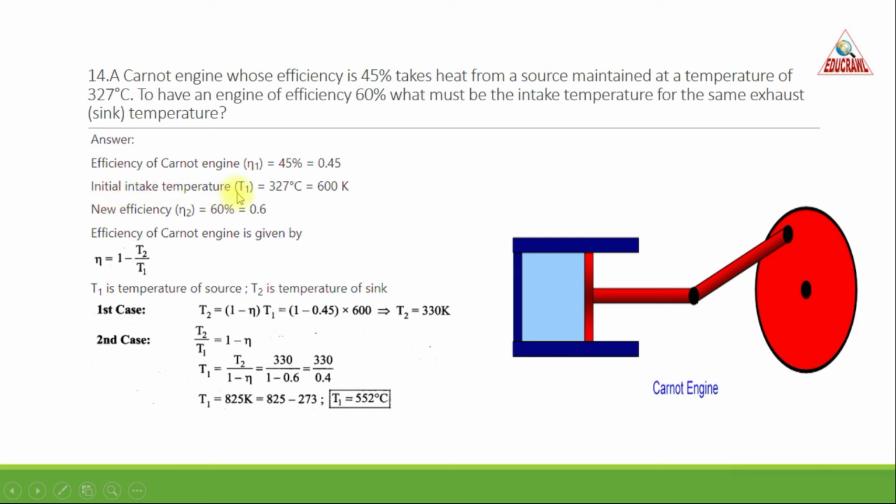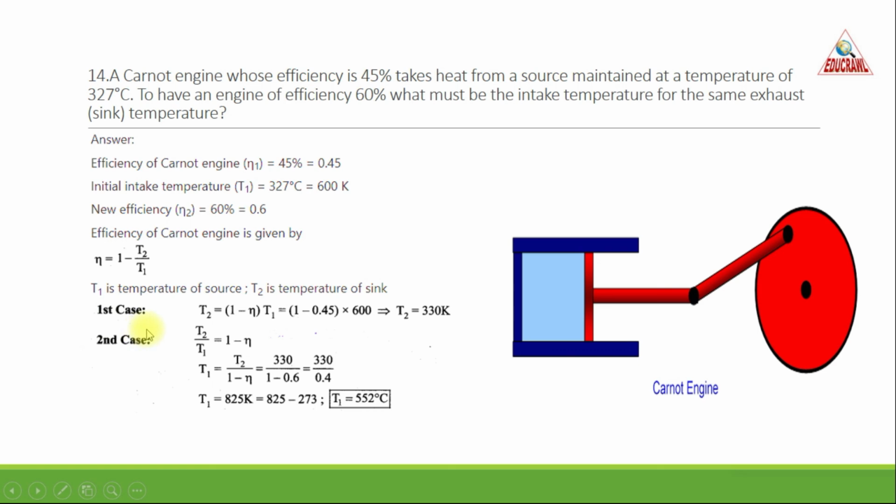Initial intake temperature T1 is equal to 327 degrees Celsius, which is equal to 600 Kelvin, adding 273. The new efficiency is 60%, which is equal to 0.6. The efficiency of a Carnot engine formula is eta is equal to 1 minus T2 by T1, where T1 is the temperature of the source and T2 is the temperature of the sink.